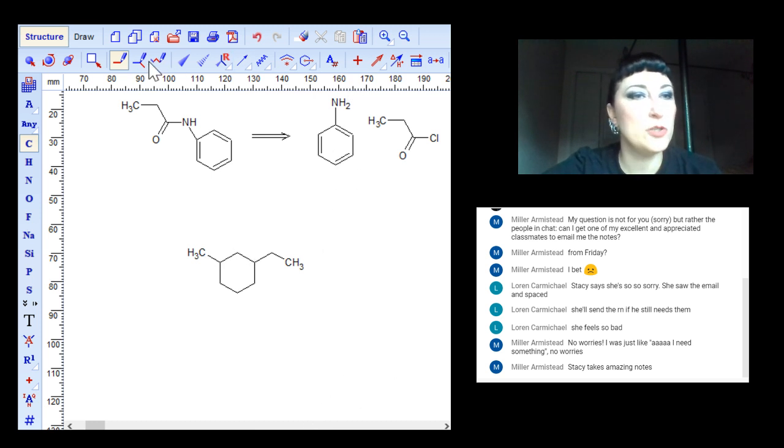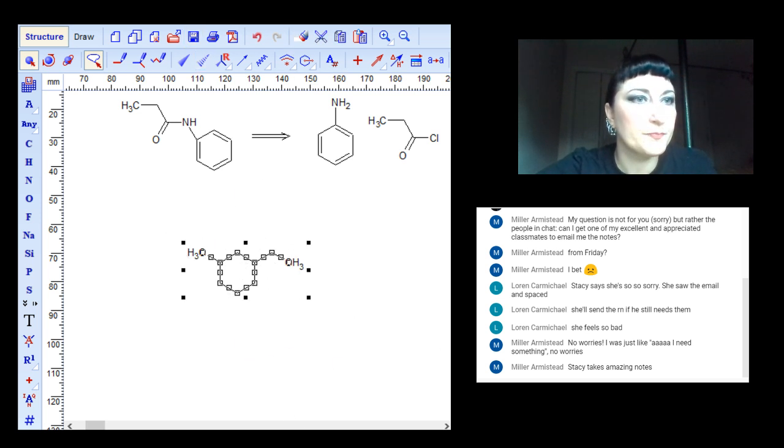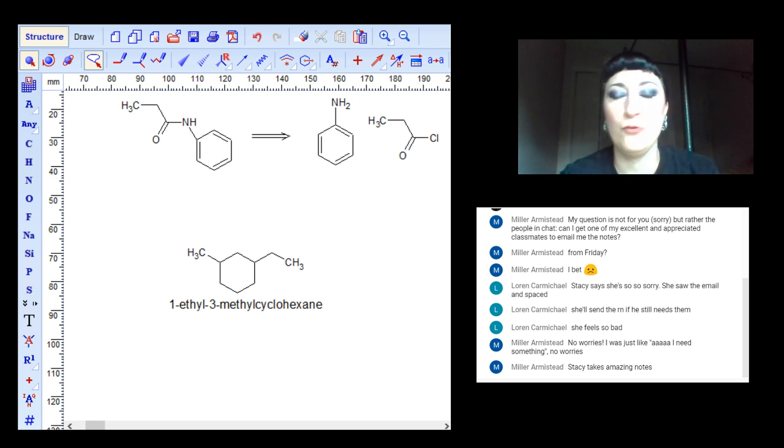Okay, if you name this, it's going to name the ethyl group as number 1 and the methyl group as number 3. It would number a propyl group number 3 compared to an ethyl as well.